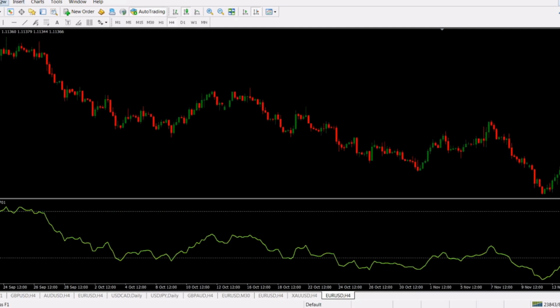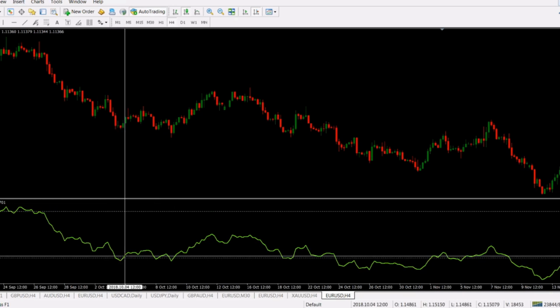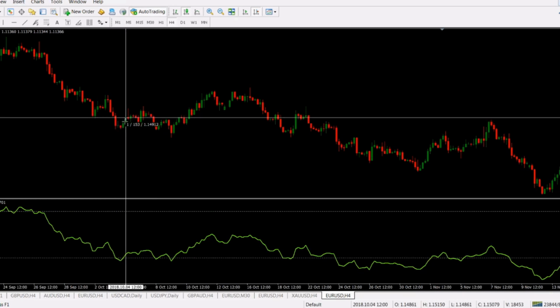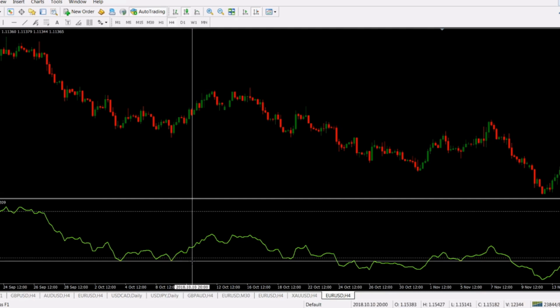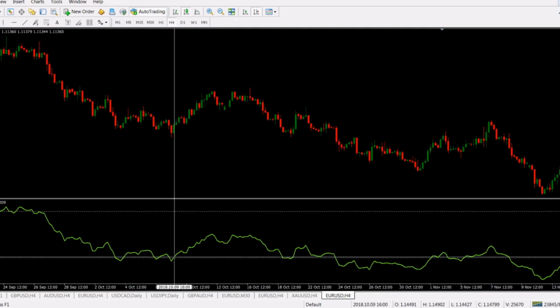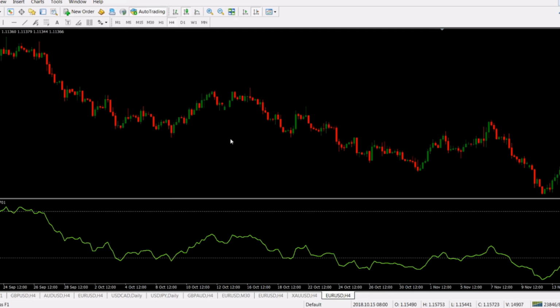Here we got the next signal. Would it work here? No, it wouldn't, and with the stop loss here you would probably get stopped out. The next signal is here, it wouldn't work. Neither here. But the third one would pay us all the money back, it's like 130 pips.